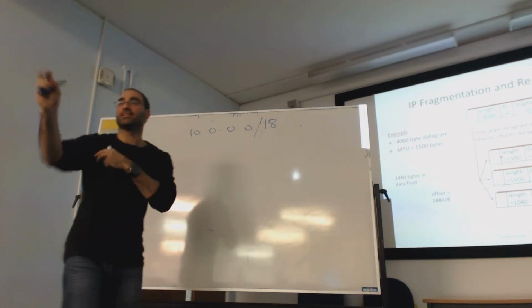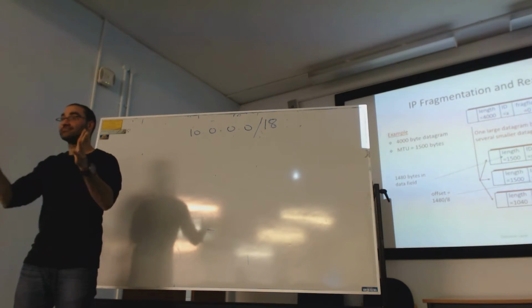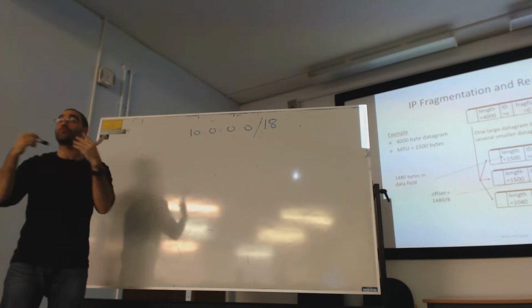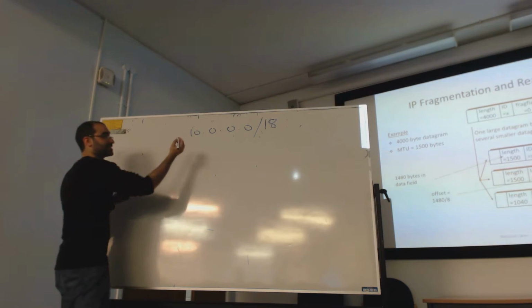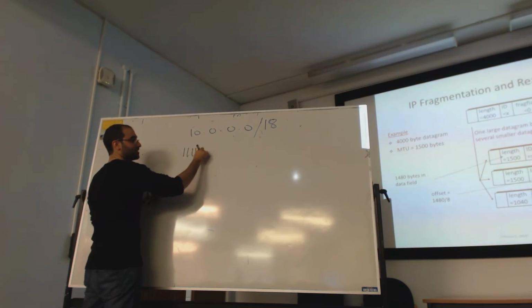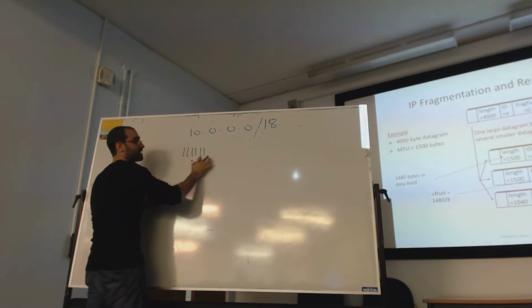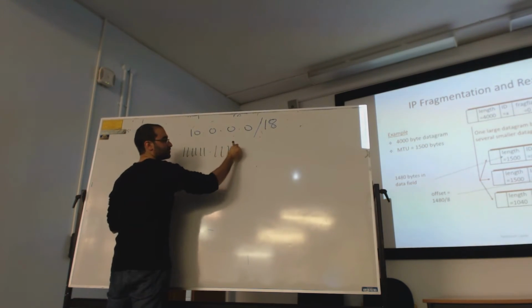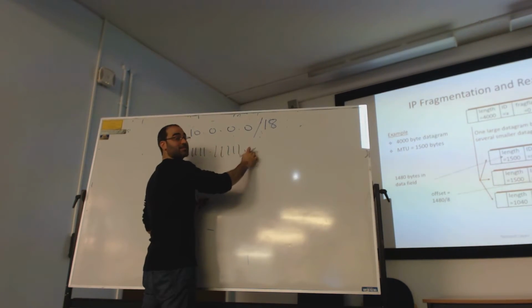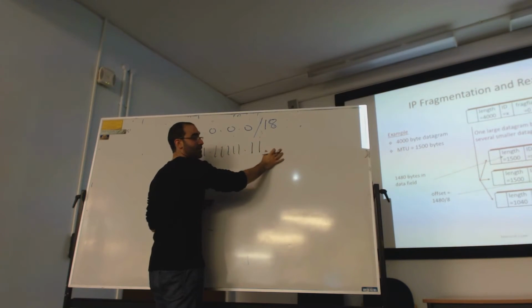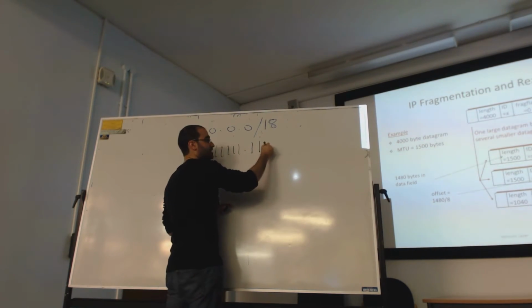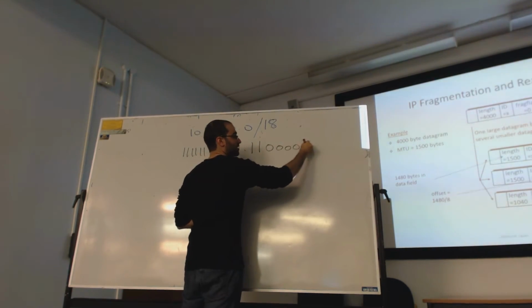You tell me, what is 18 now? The number of ones inside your mask. These are 8 ones plus 8 plus 2. How many zeros in that byte? So that's 6 zeros.